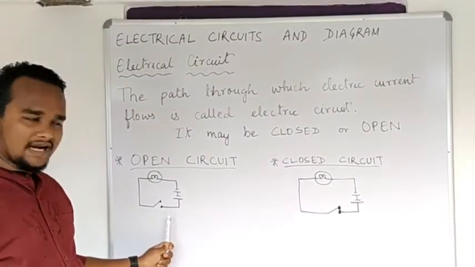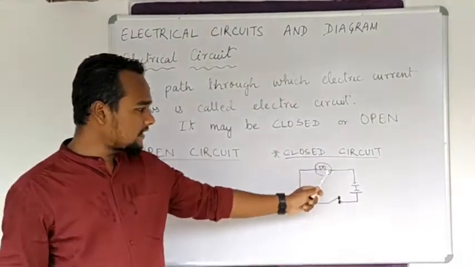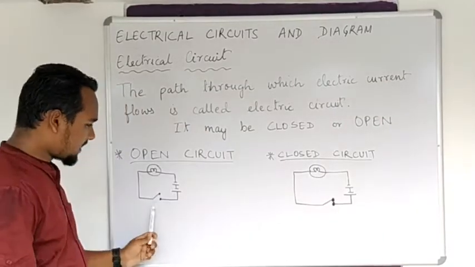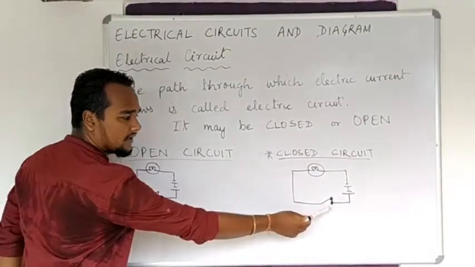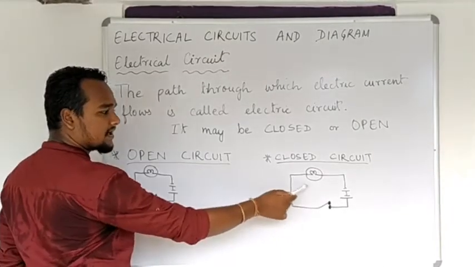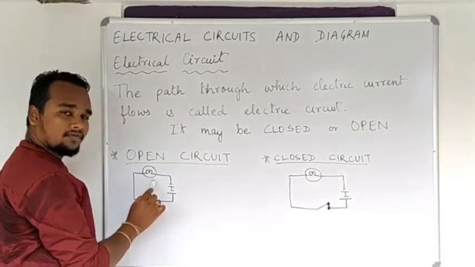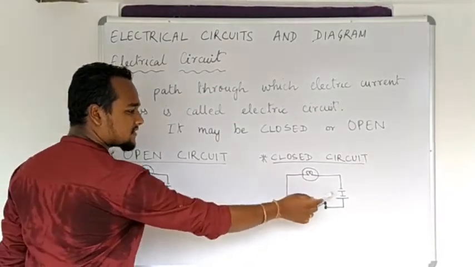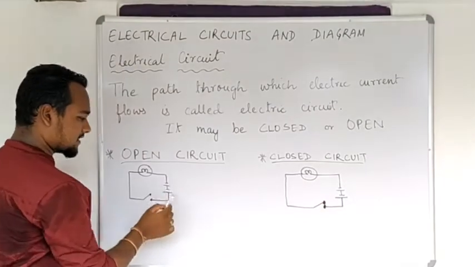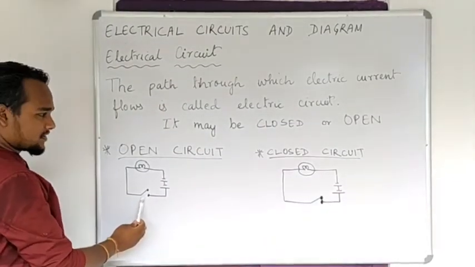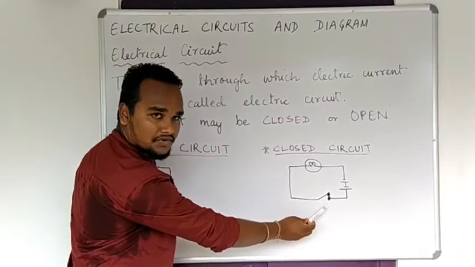I have given the diagram of the open circuit and the closed circuit. If you compare these two diagrams, you can find mostly similarities. This is the symbol of a bulb; both of these are bulbs. These are the cells, and combined they compose the battery. This is an open switch and this is a closed switch.